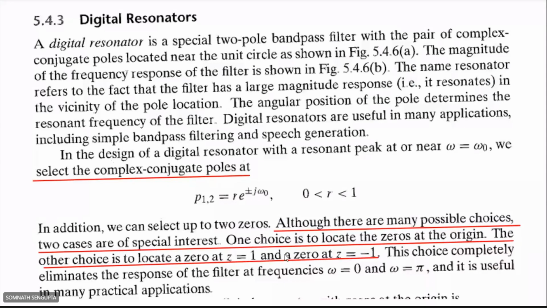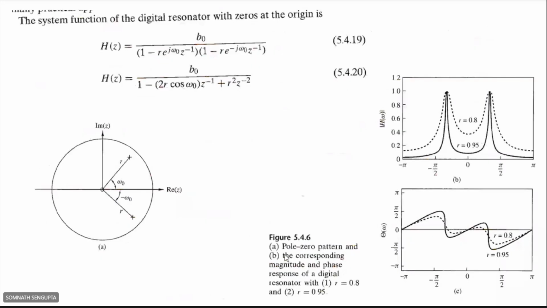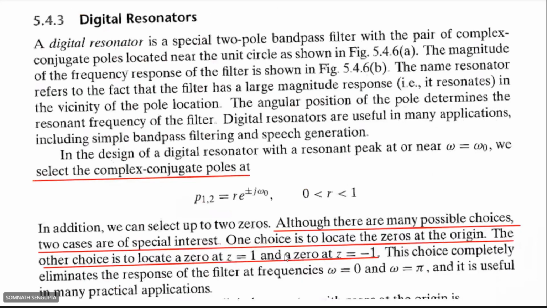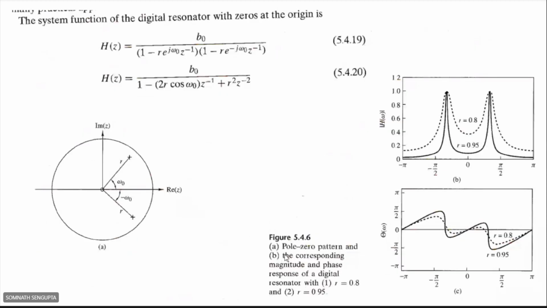A digital resonator means that at some particular frequency the gain is very high. We can see in the graph that at this frequency the gain is very high, so it is resonating at some point.